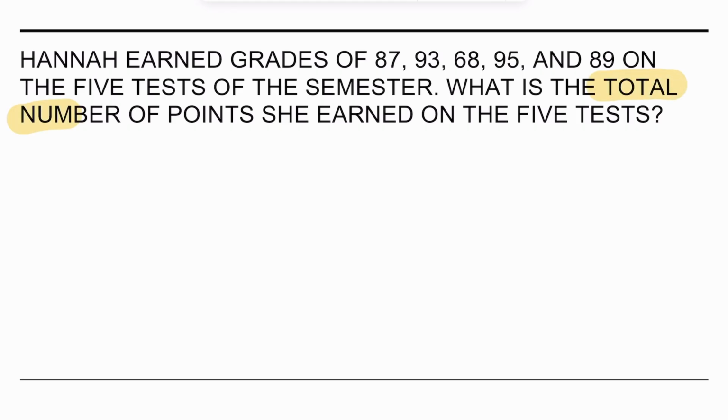So when we were talking before, we did notice that we were looking for the total of when we were referring to addition. So what we're really looking for here is the sum of the different numbers. So maybe the sum of the points on the tests.